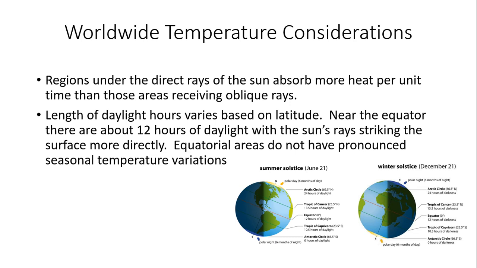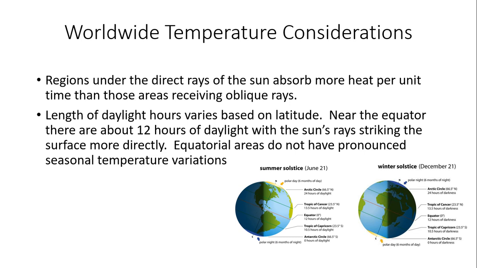If you continue to move further northward towards 66.5 degrees north latitude at the Arctic Circle, there is 24 hours of daylight at 66.5 north all the way to 90 degrees north. 6 months of daylight. All right, and then the southern hemisphere is the opposite effect.